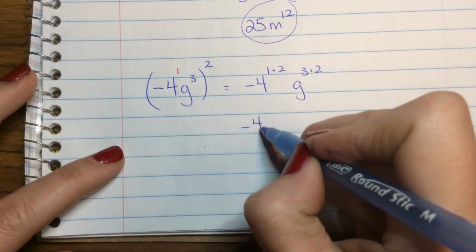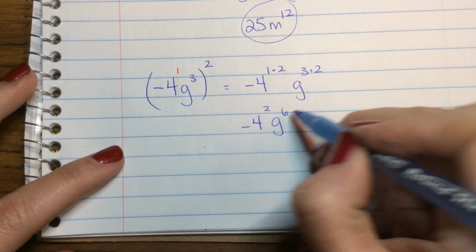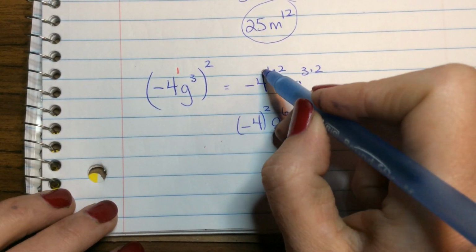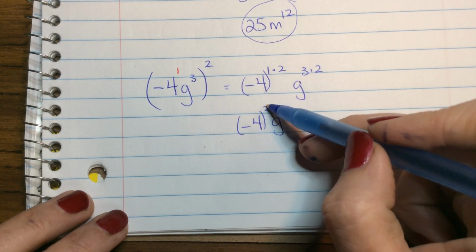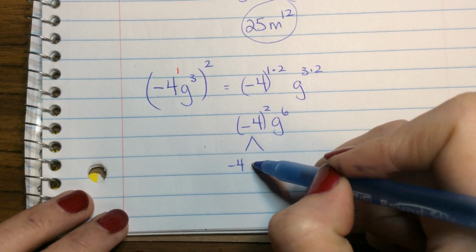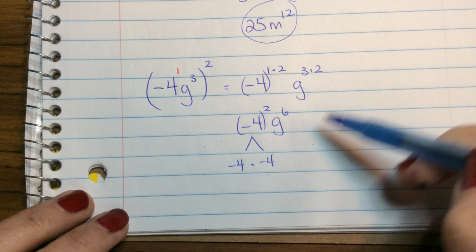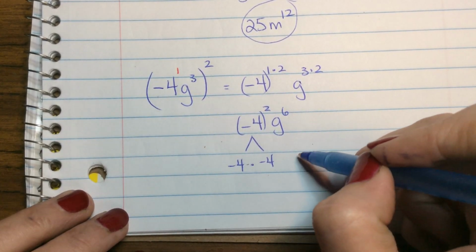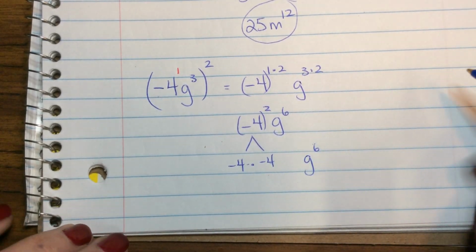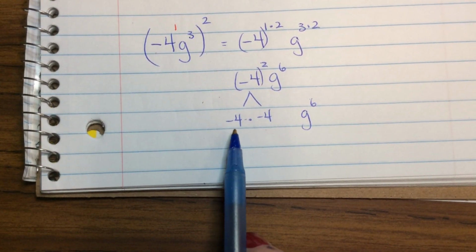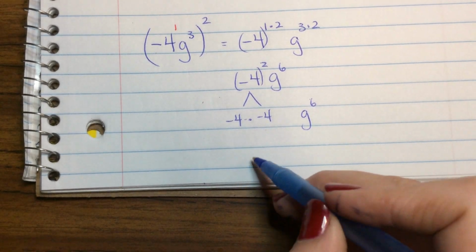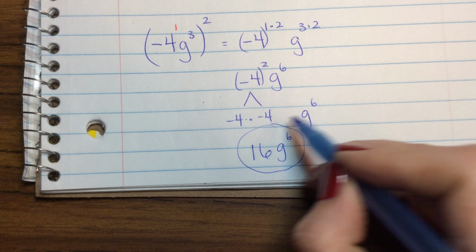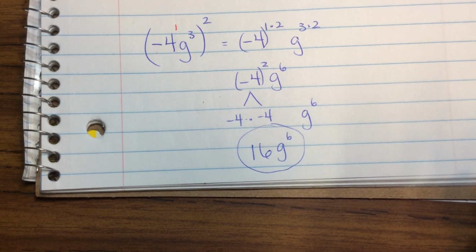So I'm going to get negative 4 squared g to the 6th. Well, don't forget that this should be in parentheses, negative 4 squared. So I'm going to have 2 negative 4s because that's what squared means. So negative 4 times negative 4. And then I have g to the 6th still here. So negative 4 times negative 4 is positive 16. g to the 6th. 16 g to the 6th.